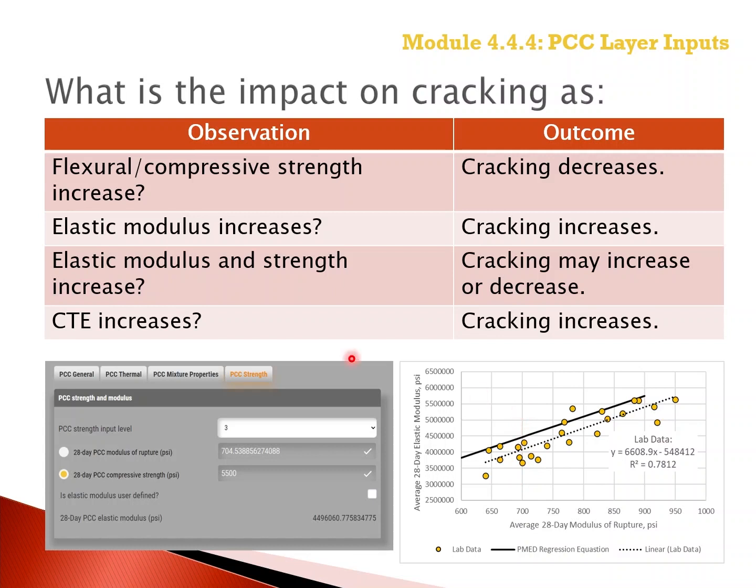As the elastic modulus increases with no change in strength, the stress in the slab increases. Without an increase in the PCC strength, the performance will decrease, or the amount of cracking and punch-outs will increase.